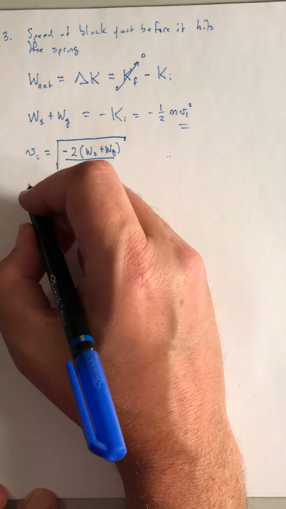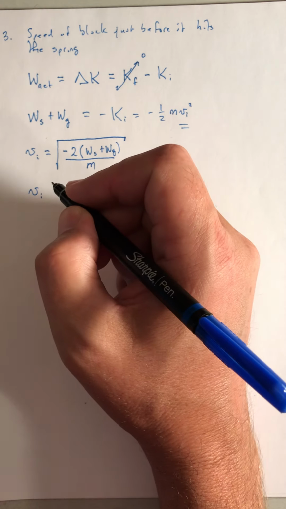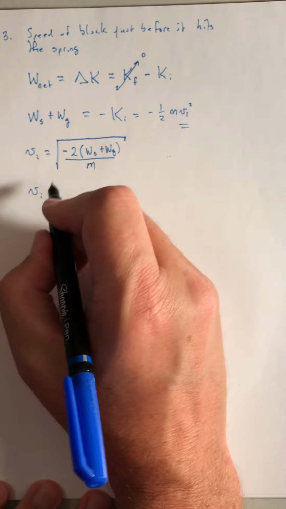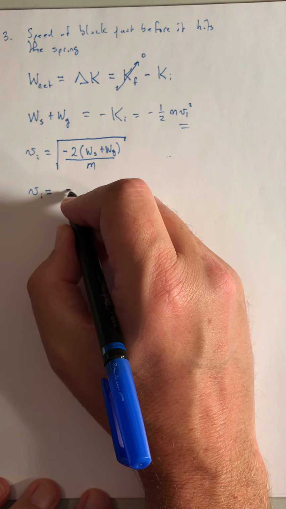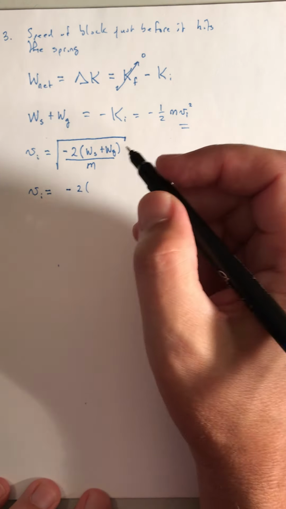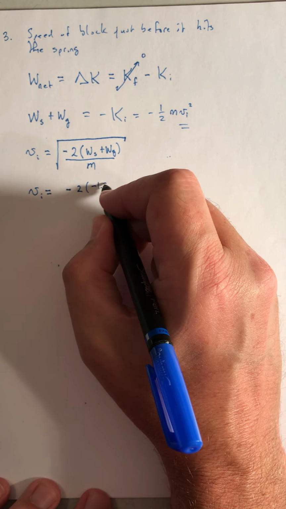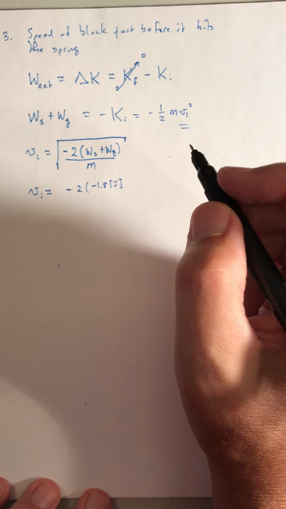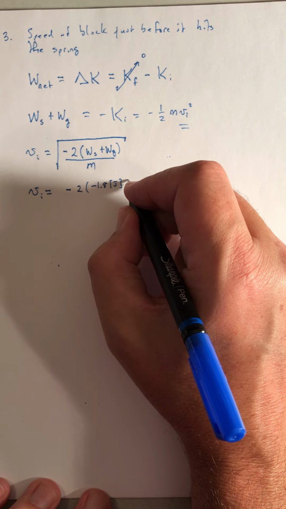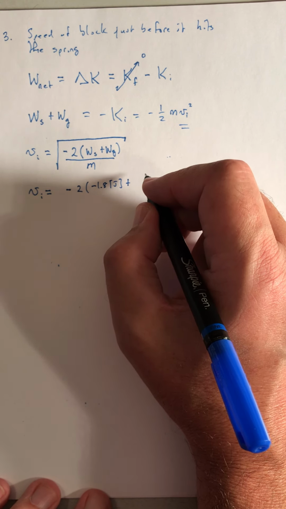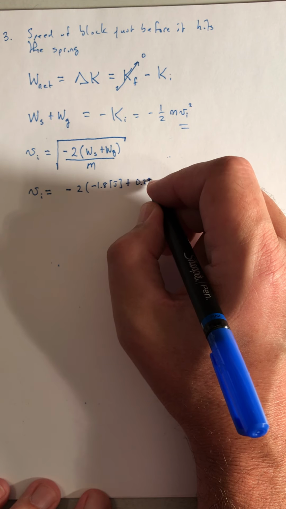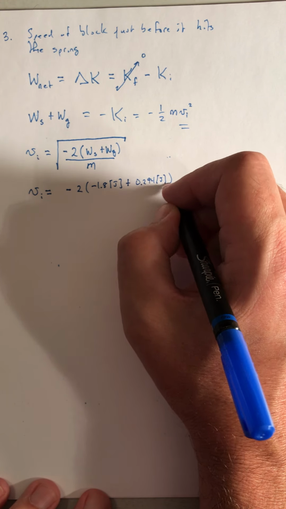If I put in values for that, I'm going to have a minus 2 times minus 1.8 joules, plus the work done by gravity, which was 0.294 joules.